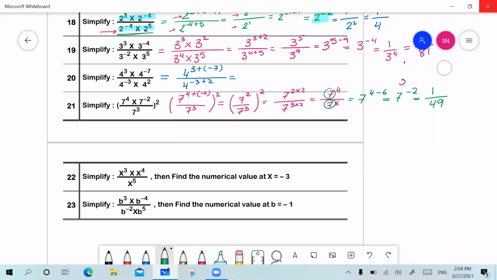I changed the base, maybe I mixed it up with the one above it. So here it will be 4 to the power of 3 plus -7, so 4 to the power of -4 over 4 to the power of -1, which equals 4 to the power of -4 minus -1, so 4 to the power of -3. It will be 1 over 4 to the power of 3, which is equal to 1 over 64. Thank you, Mariam. You're welcome.